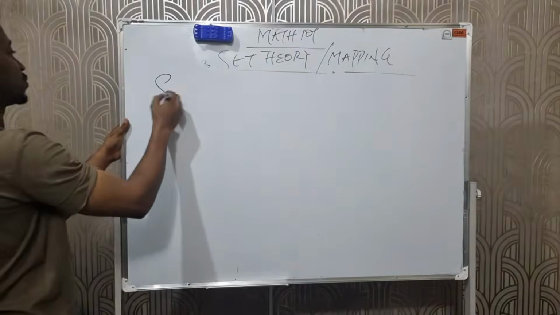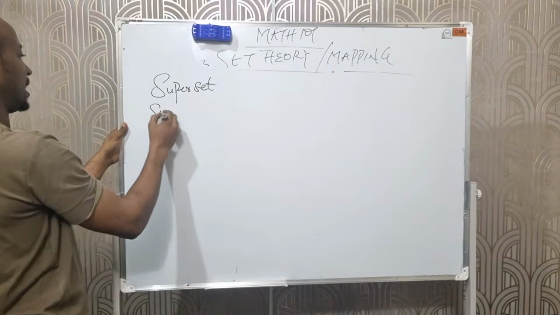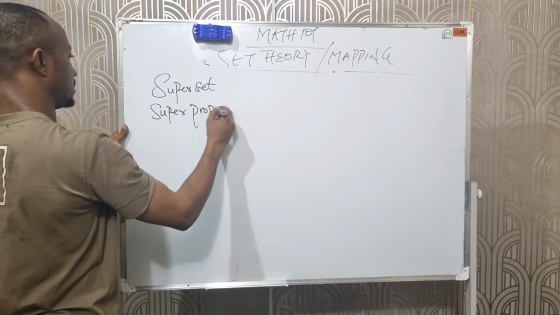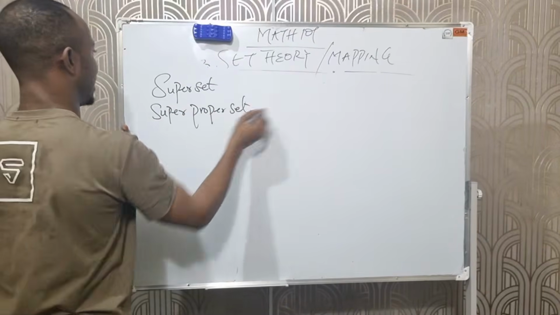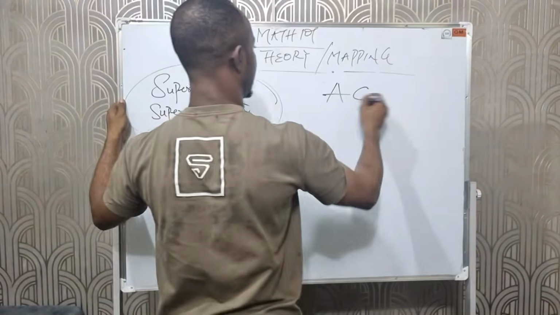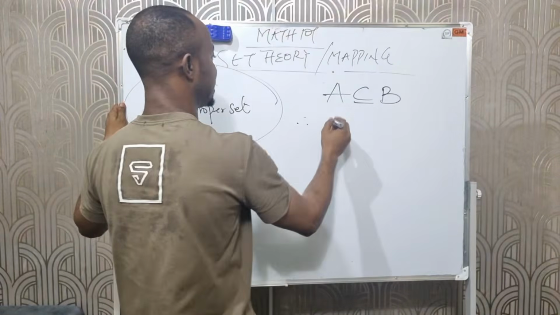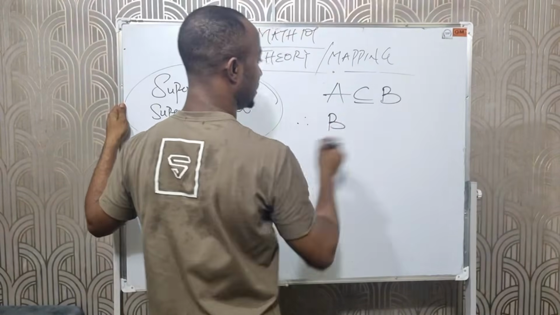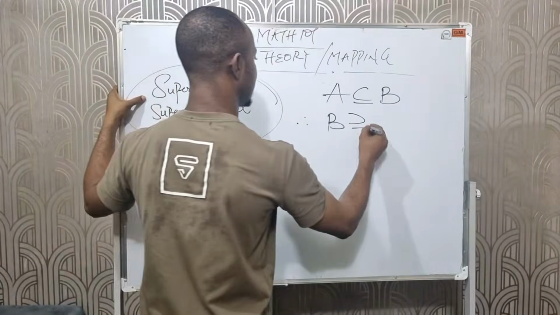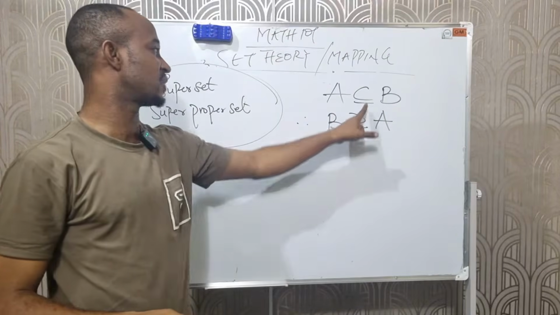The next one is supersets and super proper sets. I won't spend much on this. If A is a subset of B, this also implies that B is a superset of what? Of A. Superset is the reverse of this.